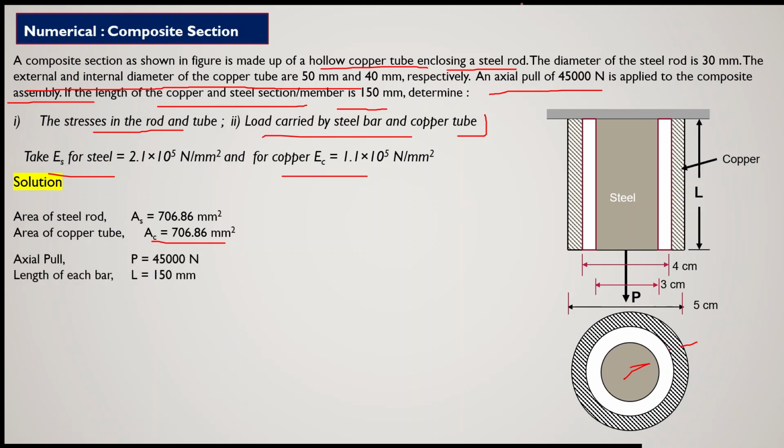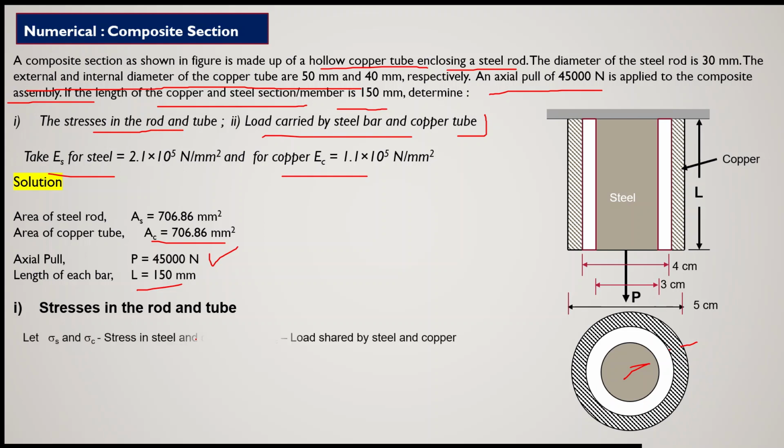The axial pull along the axis, because we are applying a pull, means there will be extension, not compression. The axial pull is given as 45,000 Newton. The length of each bar is 150 millimeter. Now first of all we have to calculate the stresses in the steel rod and copper tube.